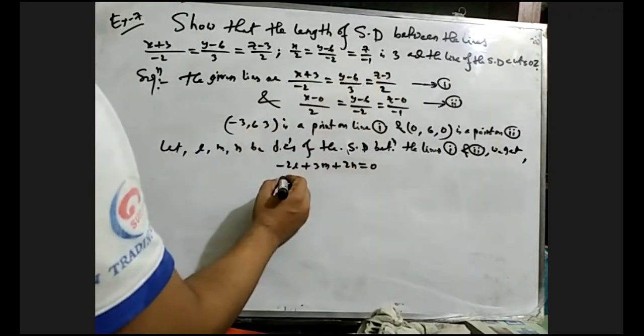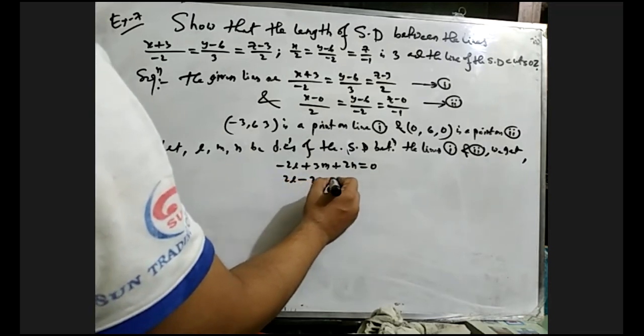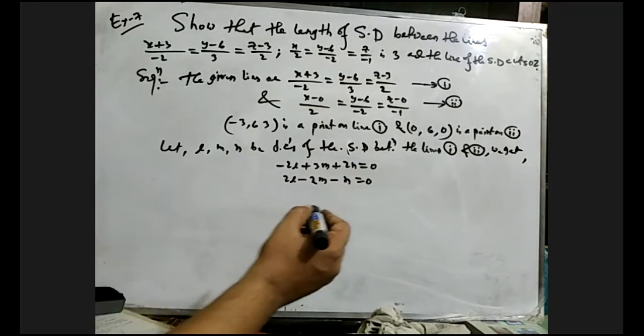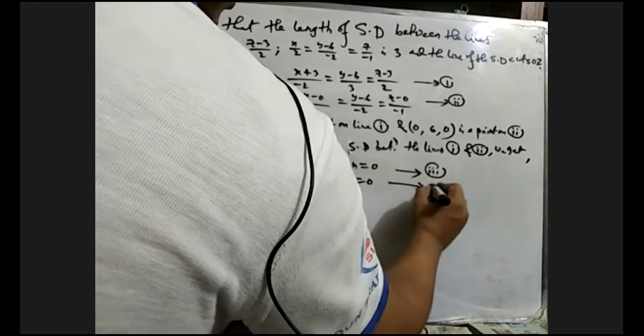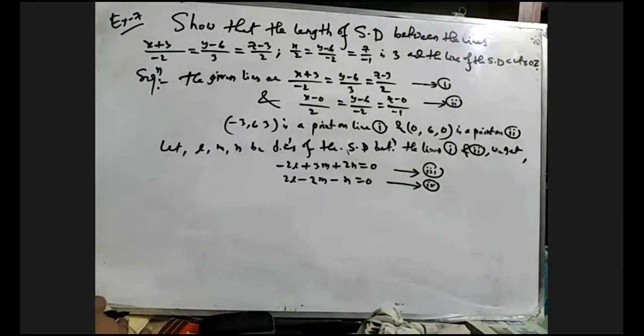From the second line, twice L minus twice M minus N equals 0. This is equation number 3, and this will be 4. So after solving this, we get the L, M, N.